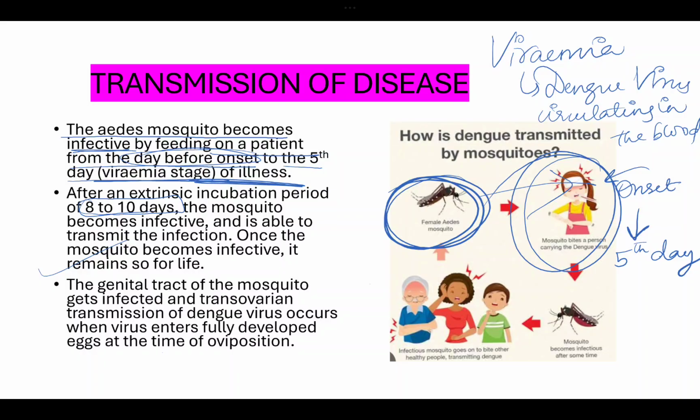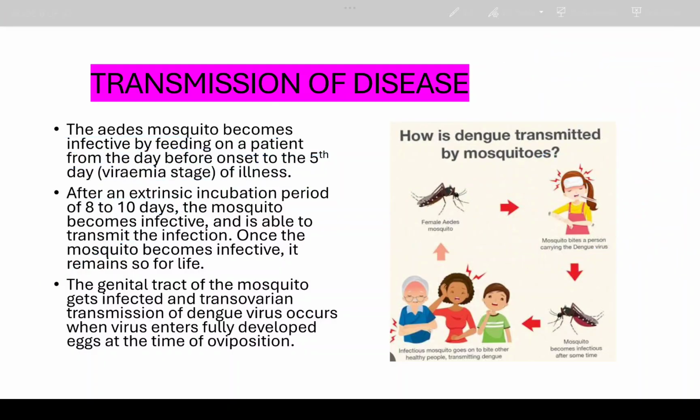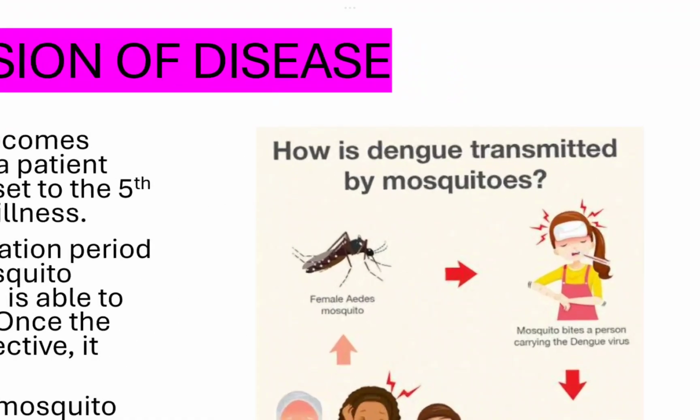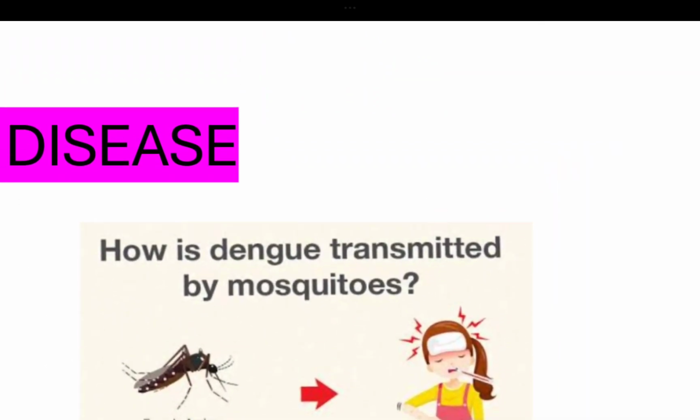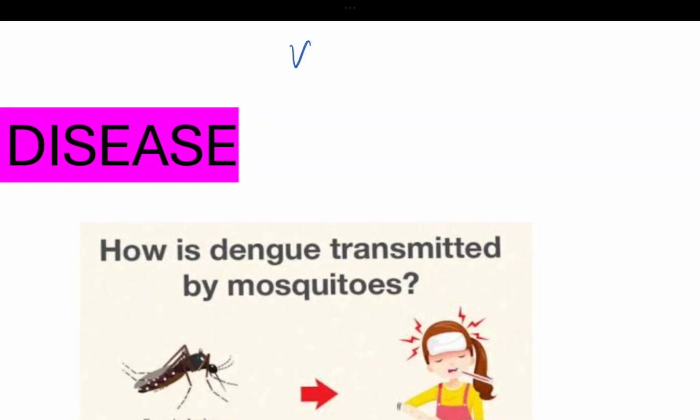I'll just show you in the picture, you will understand better. Okay, so what happens? We know so far that during the viremia stage of illness, the dengue virus is getting into the mosquitoes.